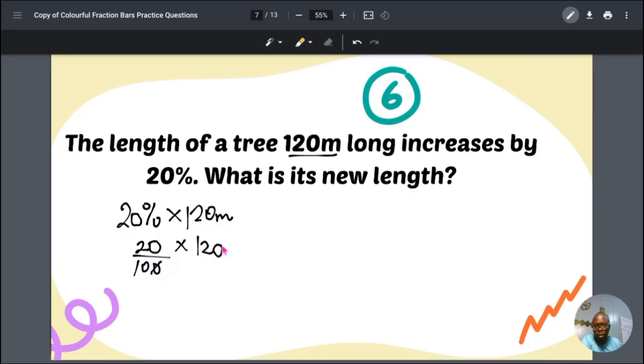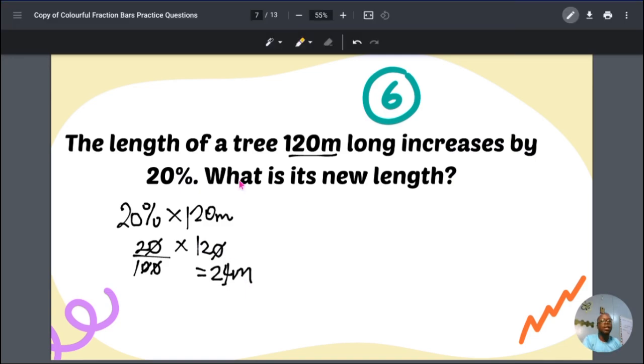So 0 cancels this 0, and 0 here cancels the 0. So 1 is, of course, inconsequential there, and then 2 multiplied by this is 24 meters. So this means that the extra length that was added to that tree is 24.